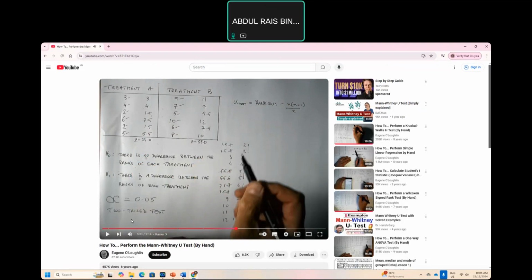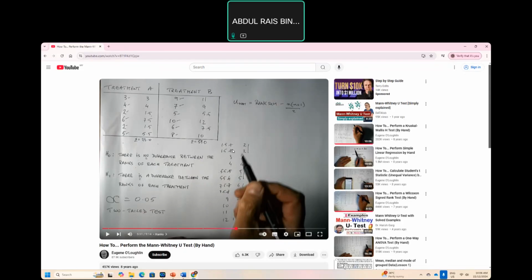Okay, so saya ringkaskan. Cara nak menentukan nilai rank of sum seperti yang ada dalam ni, bawah ni, is basically to list up the data daripada paling tinggi dan paling rendah, dan rank dia daripada yang pertama hingga akhir.